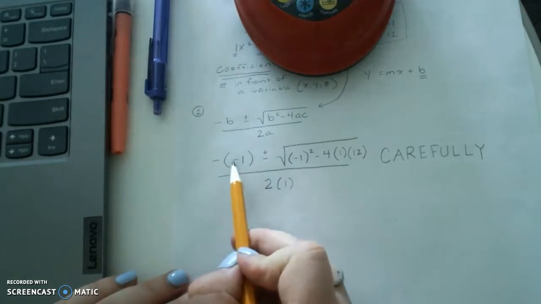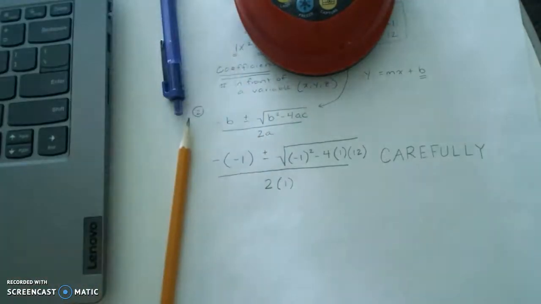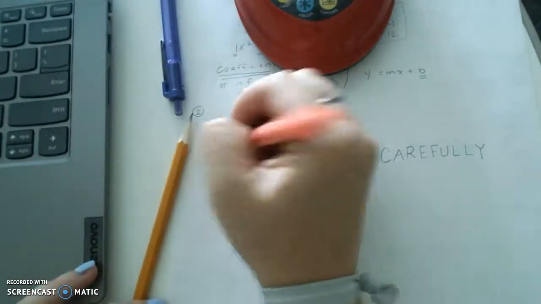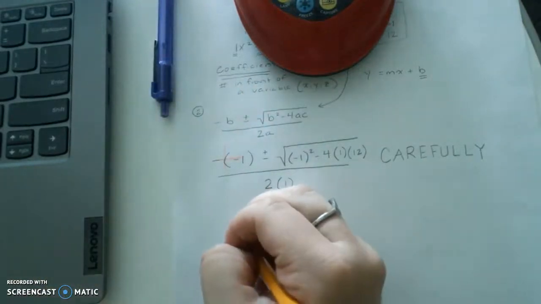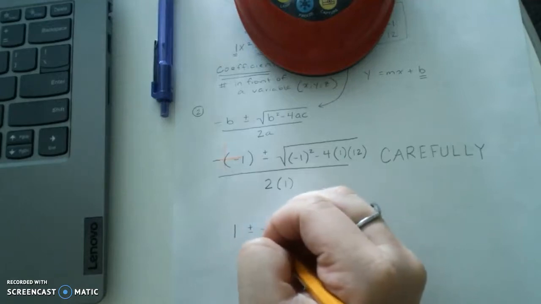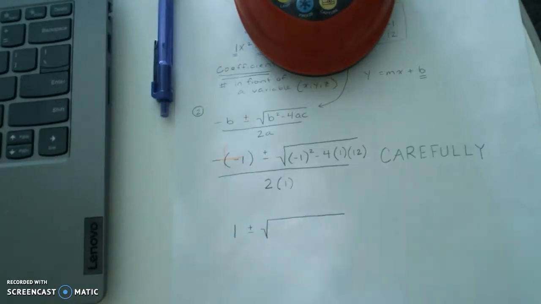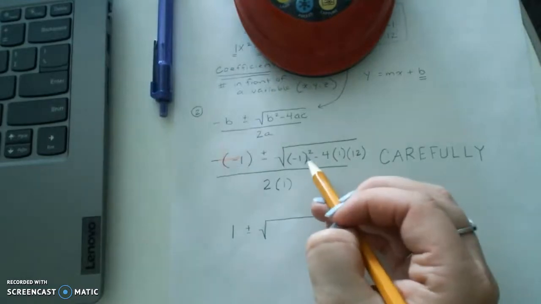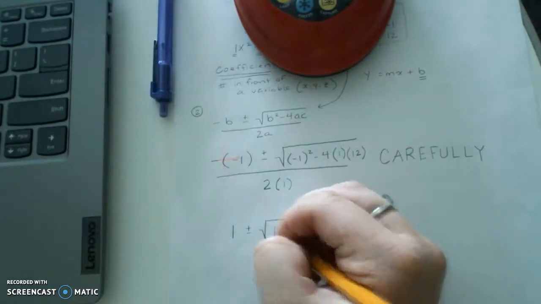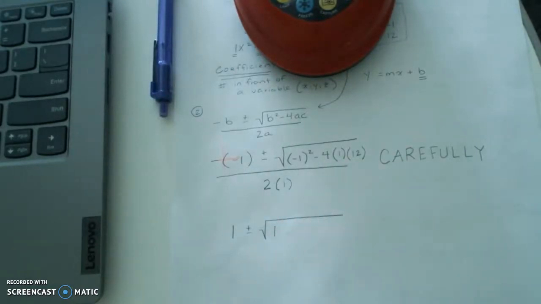So a double negative, we know, or we should know by now, makes a positive. So that negative is going to become a positive 1. Negative 1 squared. Now any number squared is going to become positive. Let me repeat that. Any number squared is going to become positive. So negative 1 squared is just 1. 1 times 1 is 1.